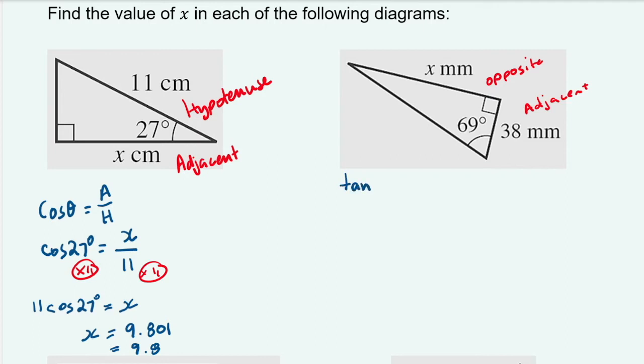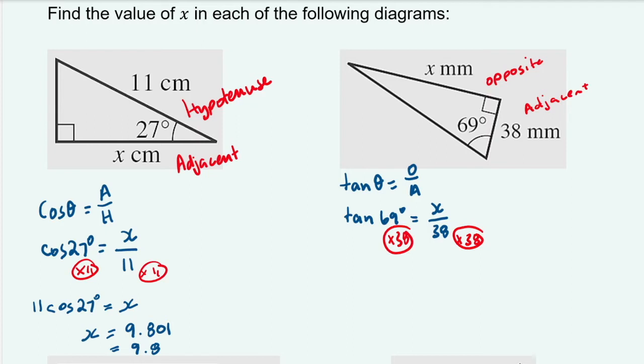So we're going to use tan of theta equals the opposite over the adjacent. And we substitute in. Alright, so our opposite is our x, 38 is our adjacent. We do our steps for solving the equation.